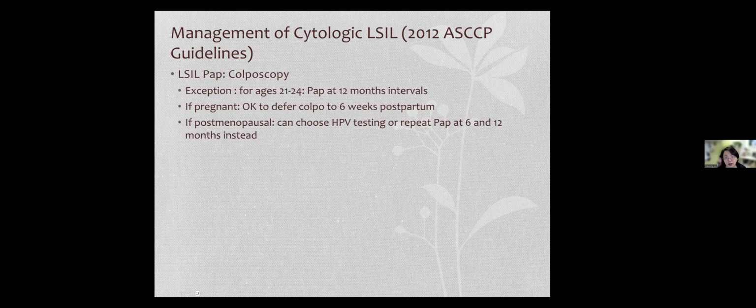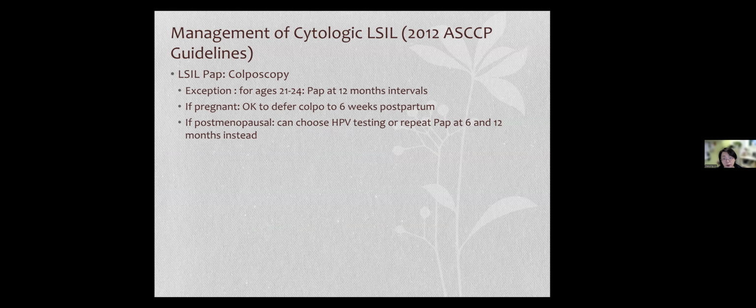So the management of LSIL, this is according to the updated guideline, but I think it's very similar to 2022. As I mentioned before, LSIL will go to colposcopy.